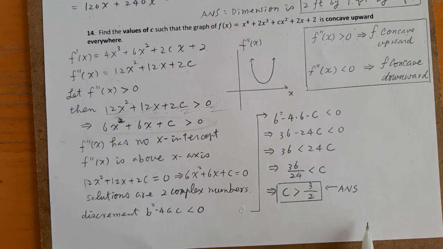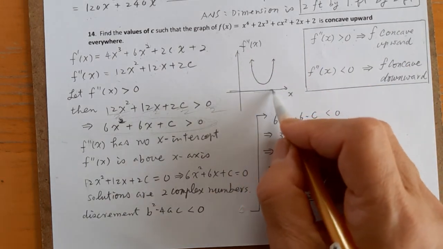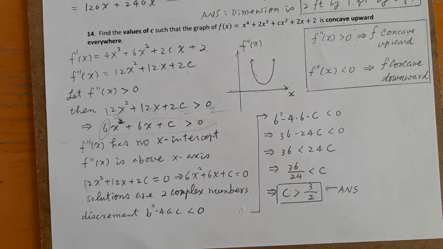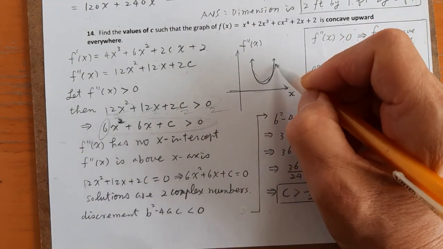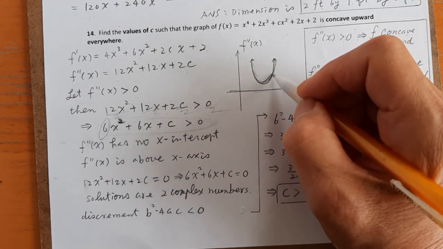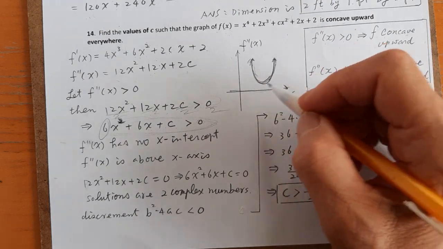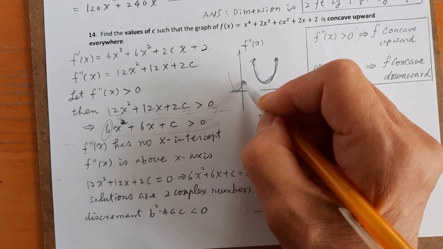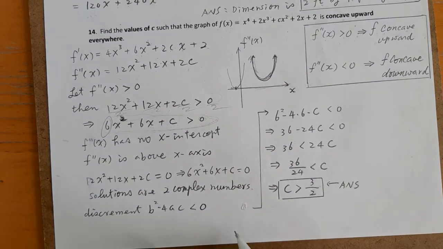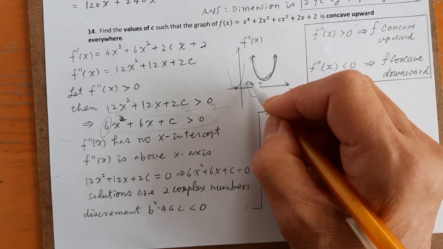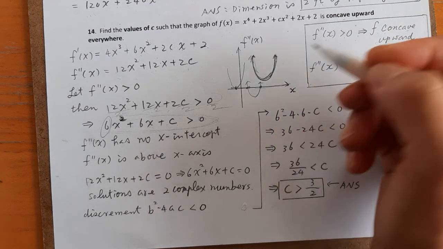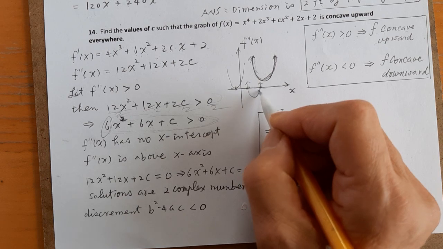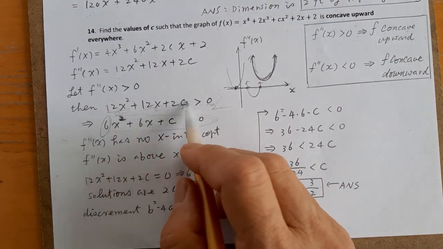Positive means the y value is above the x-axis. The leading coefficient is 6, which is positive, so the graph opens upward. If it has one solution, then it touches the x-axis, one x-intercept. If it has two solutions, it touches at two points, where the function equals 0.